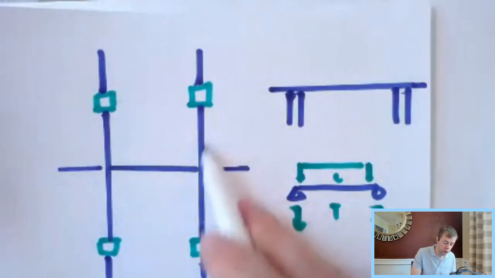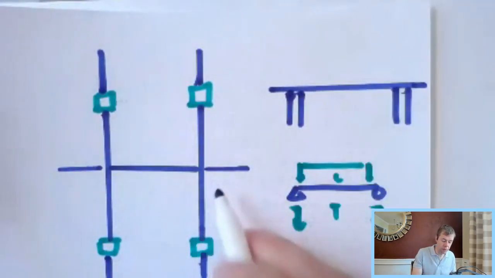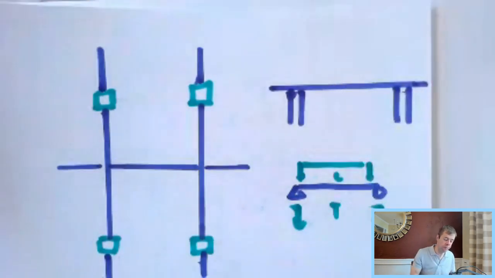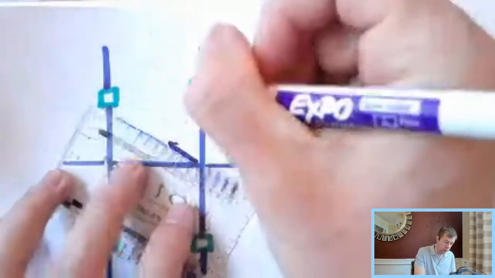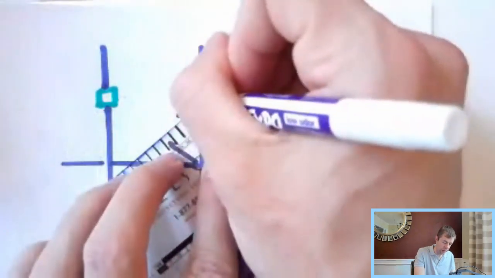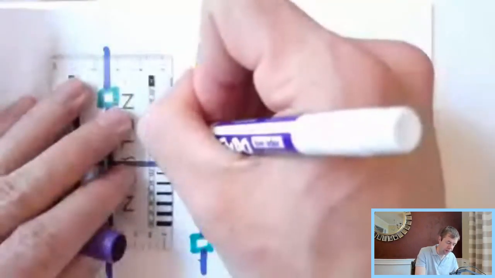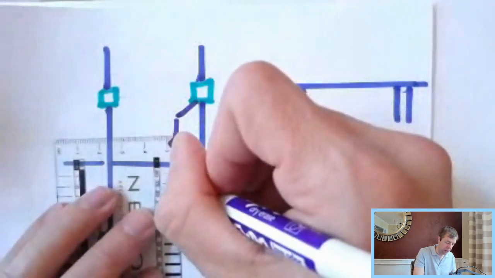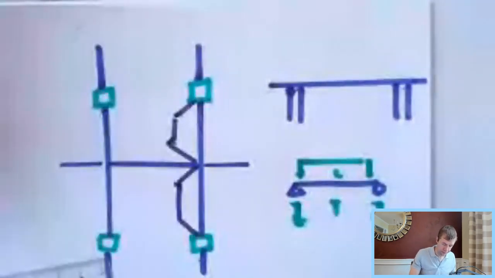So this one, you're usually going to have some kind of distributed load. If we were to draw the tributary areas for this, they would come out at an angle here, an angle here, and then flat, and an angle, and an angle, and then flat, something like that.